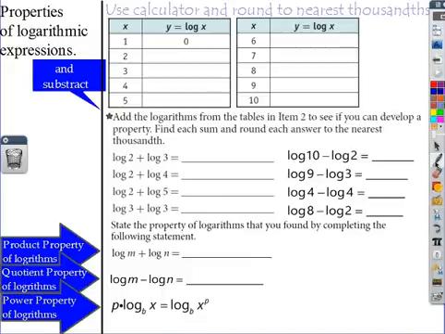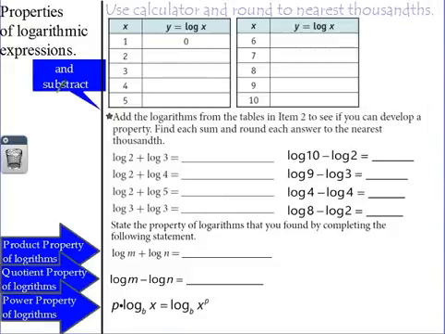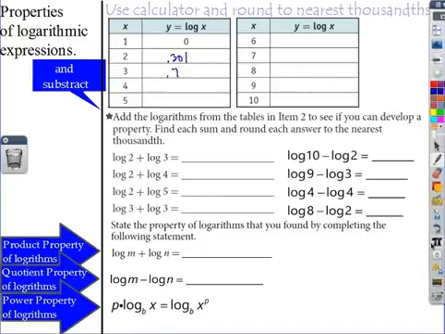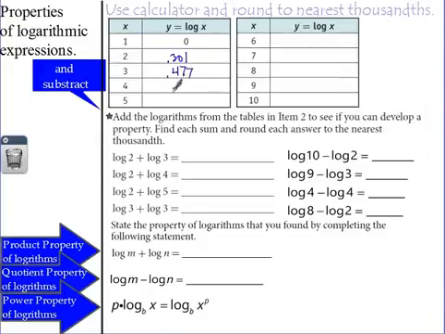So log of X. Okay, so when X is equal to 1, we'd be at 0.301. X equal to 3, 0.477. Okay, 4, 0.602, 5, 0.699, rounded off.